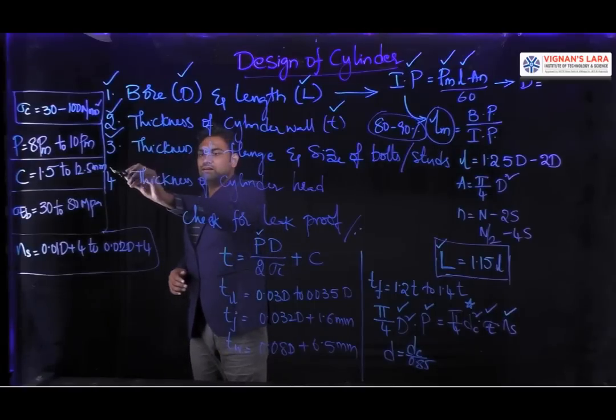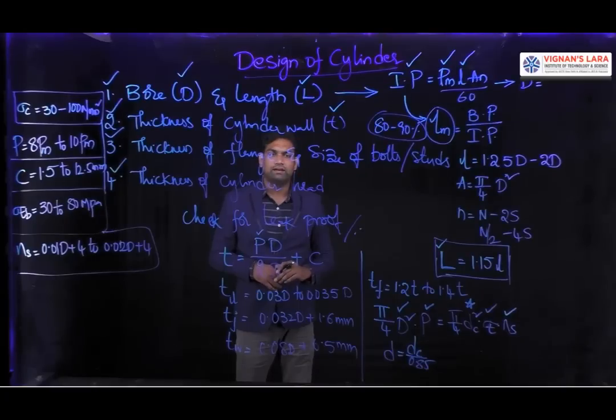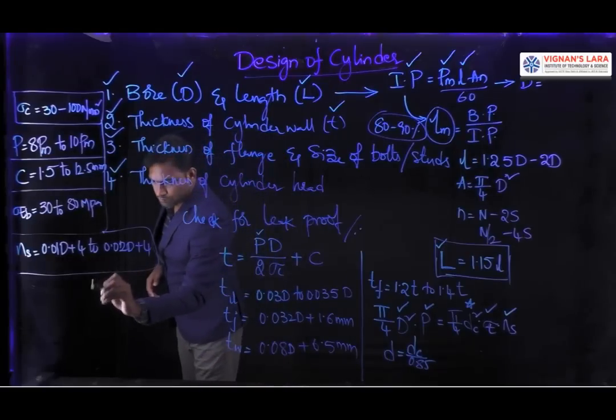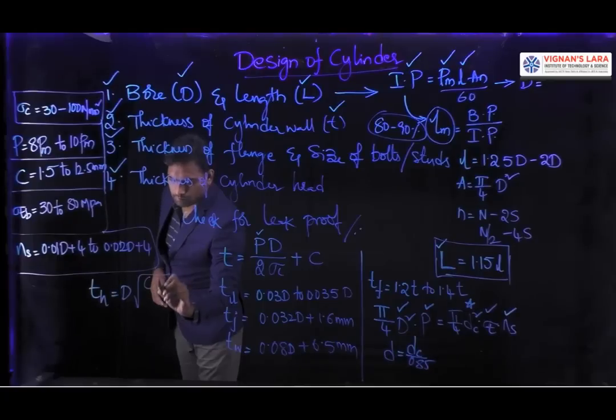And finally, the thickness of the cylinder head is calculated by considering it as a simple thin flat circular plate, and it is calculated using the relation. The thickness of head th is given by d root of cp by sigma th.